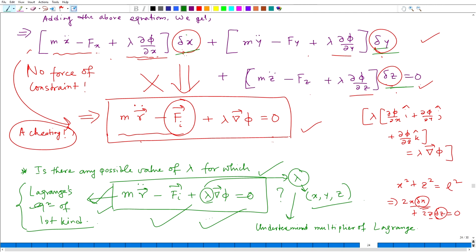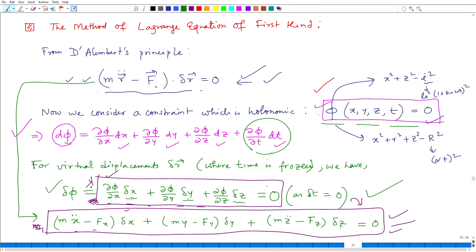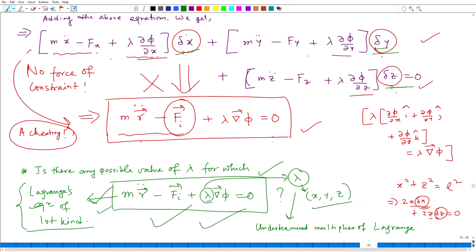Because then you will have two equations like phi 1 equal to 0 and phi 2 equal to 0, and then you will have some equation like delta phi equal to 0, then you will have delta phi 1 which is 0 and delta phi 2 which is also 0, and that is why you will have two different multipliers of Lagrange. I will give you an interesting problem on that in the assignment.